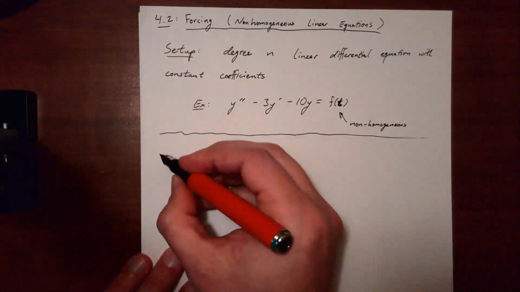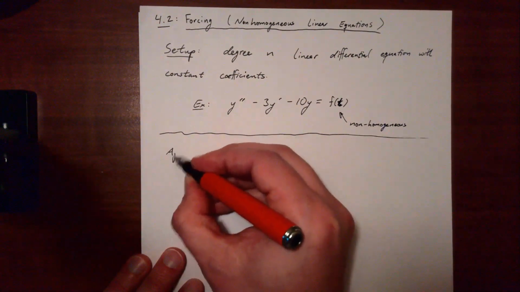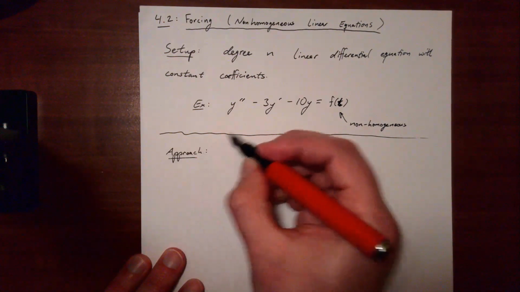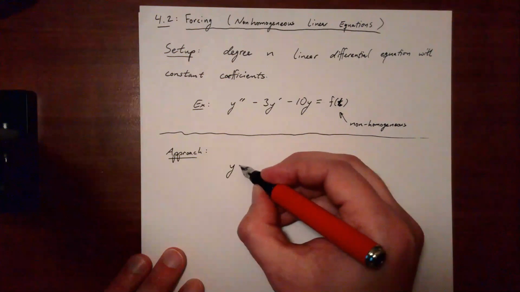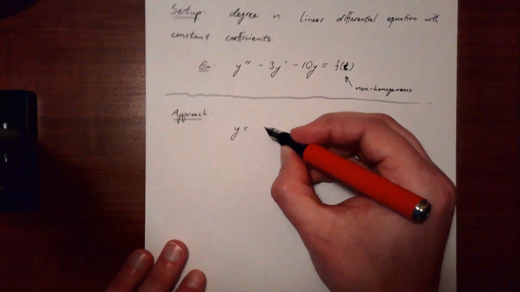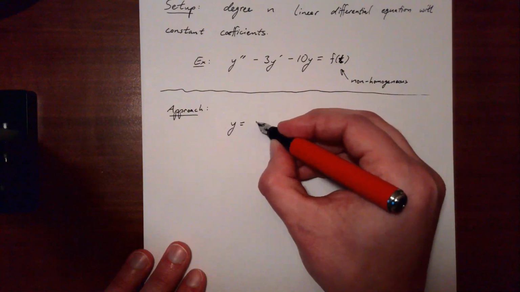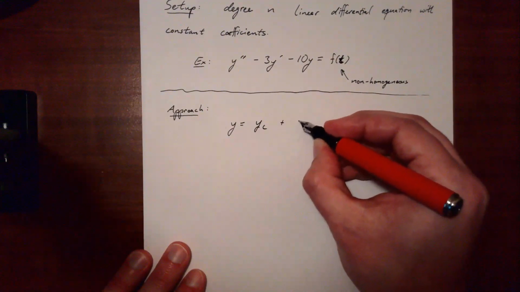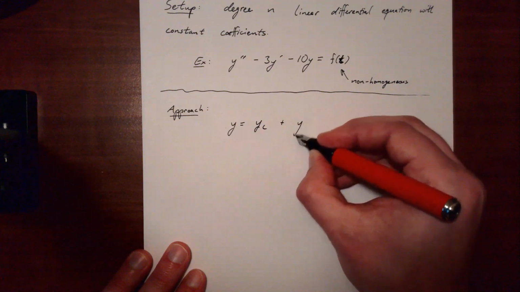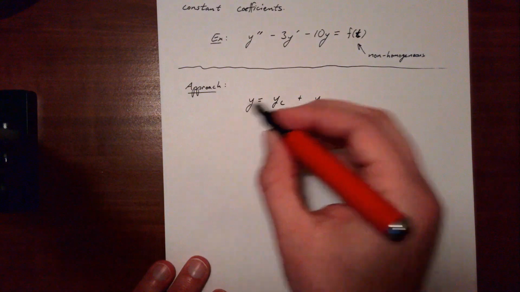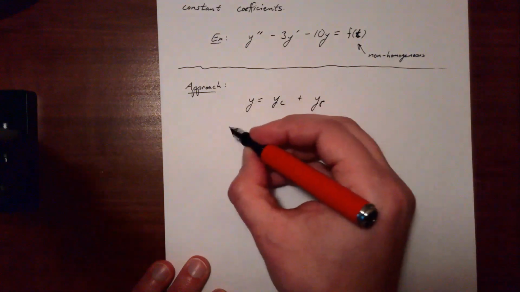So here's our approach. Y equals, and we're going to break it down into two parts: yc plus yp. And what each of these represents is the following.